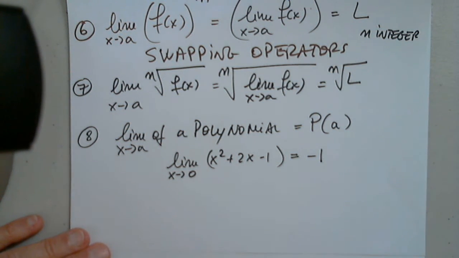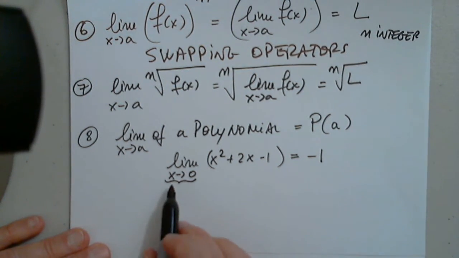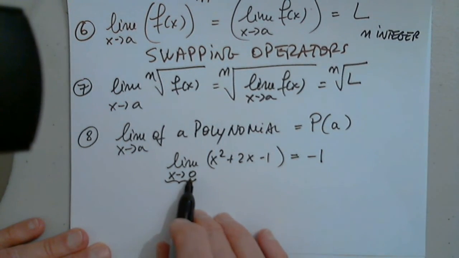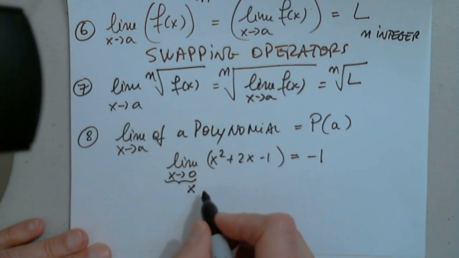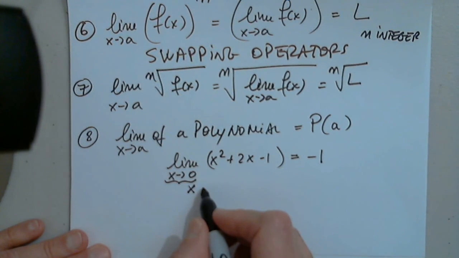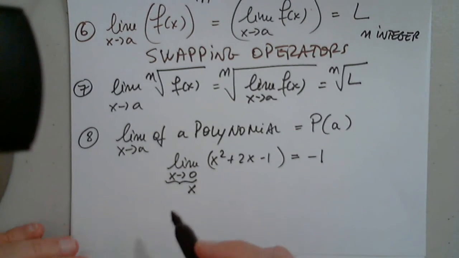But there is a problem here. Because remember, a few minutes ago, maybe half an hour ago, I said when x approaches 0, this automatically means what? That x is undefined.